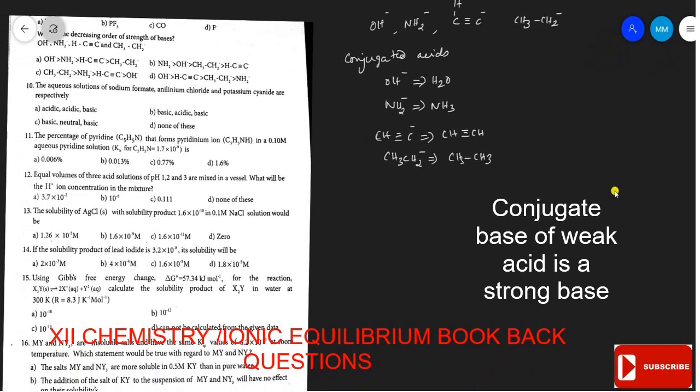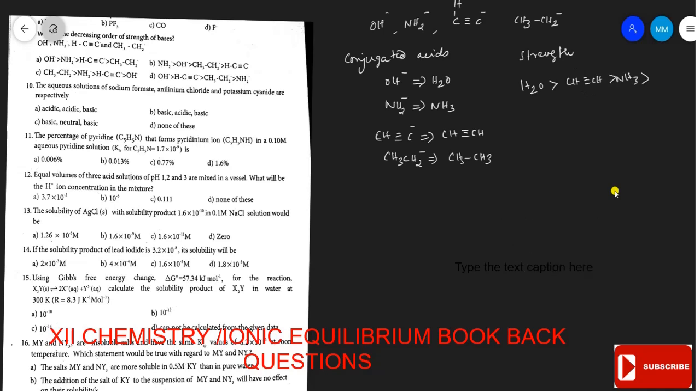Then the conjugate acids are arranged in the strength order. Water, then acetylene, then ammonia, then the hydrocarbon ethane. This is the acidic strength order.